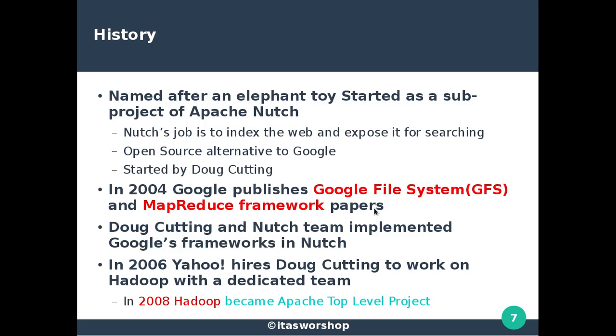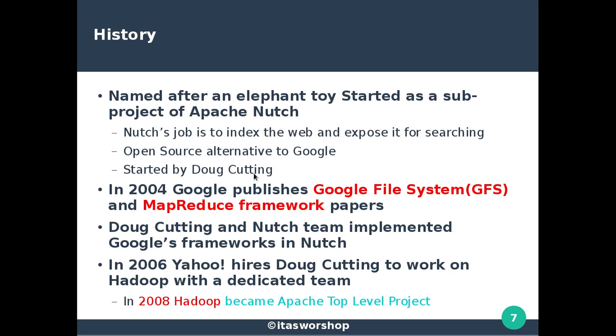Let us talk a little bit about Hadoop history, how it came. Hadoop is named after an elephant toy and started as a sub-project of Apache Nutch, by Doug Cutting and his team.